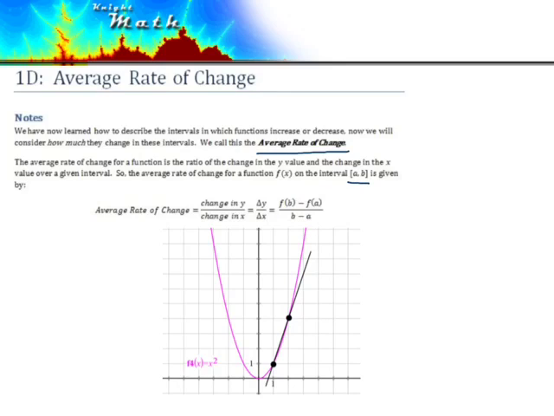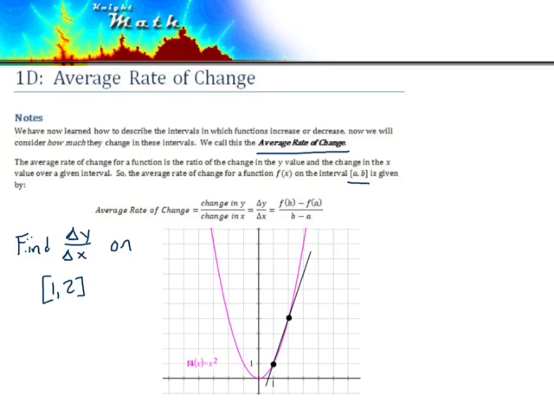For example, on this graph here, we have the function f of x equals x squared, and we want to find the average rate of change, so we want to find delta y over delta x. Let's say we want to find this on 1, 2.